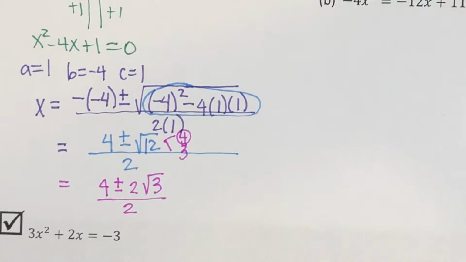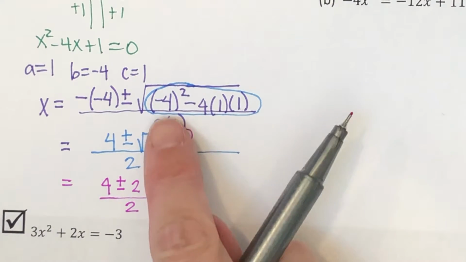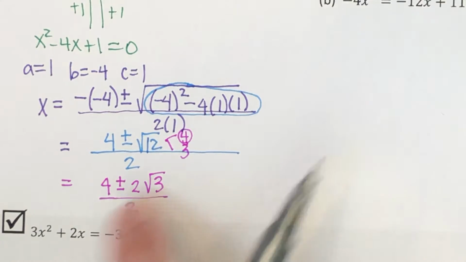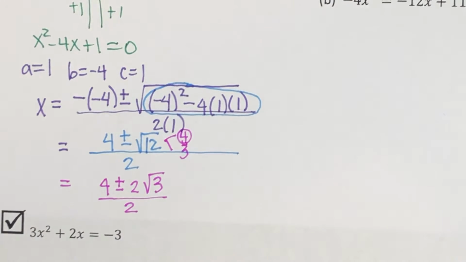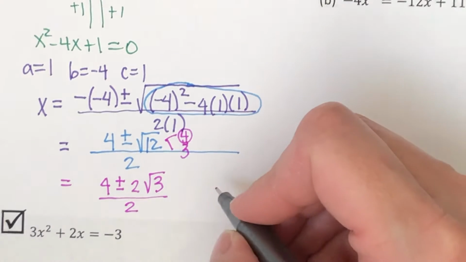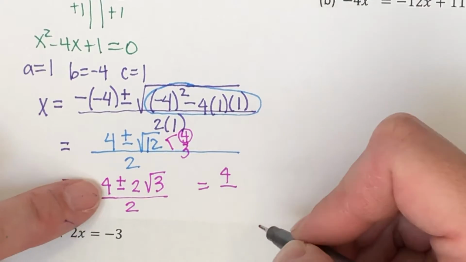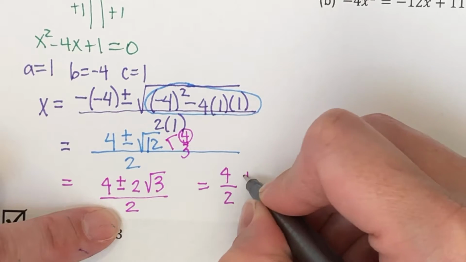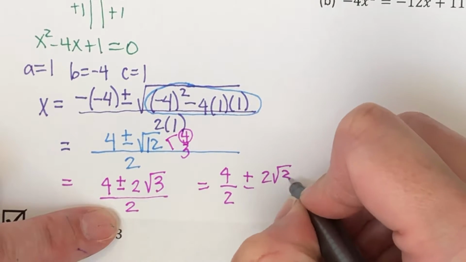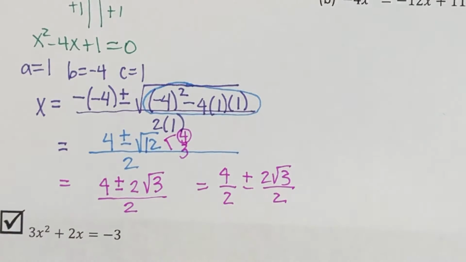All right, so that is step number 3. Calculate the value under the radical, clean the radical up if you can. Step number 4 then is to pull apart and simplify. When I say pull apart, it's the first term over the denominator, plus or minus the second term over the denominator. And this will keep you from making simplification mistakes.